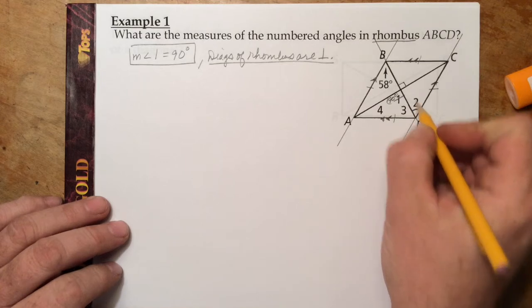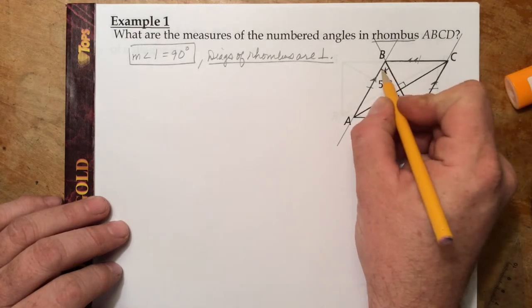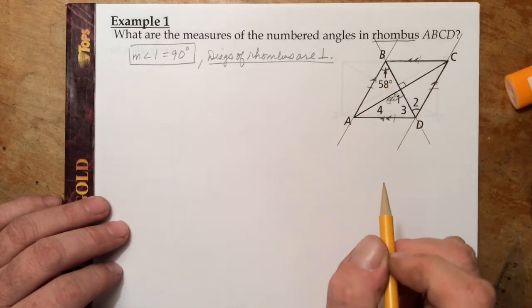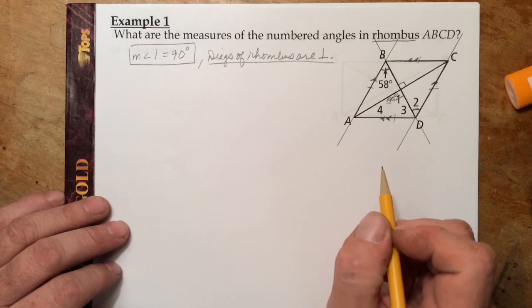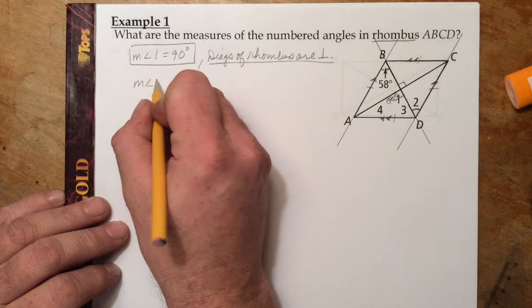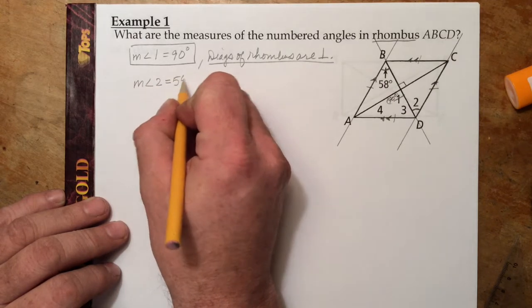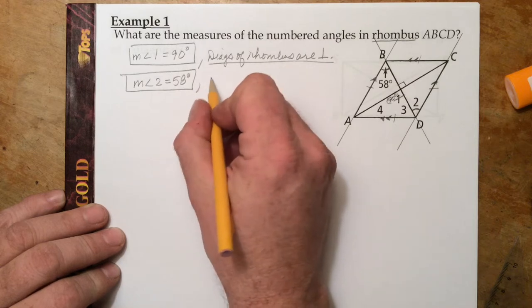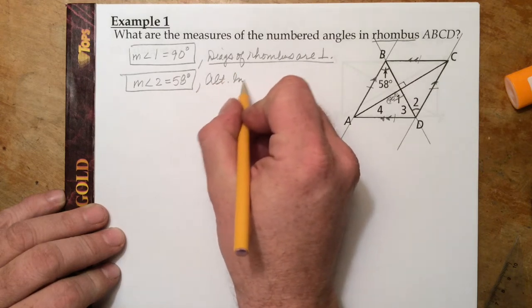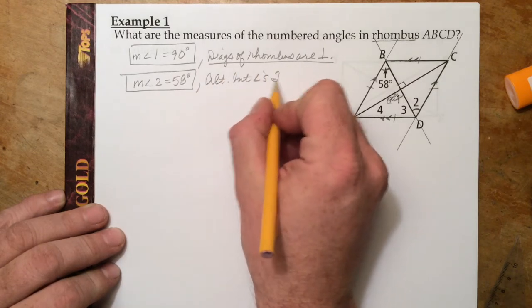And angle 2 and this angle right here are alternate interior angles. Alternate interior angles of parallel lines are congruent. So the measure of angle 2 must equal 58 degrees by the alternate interior angles theorem.